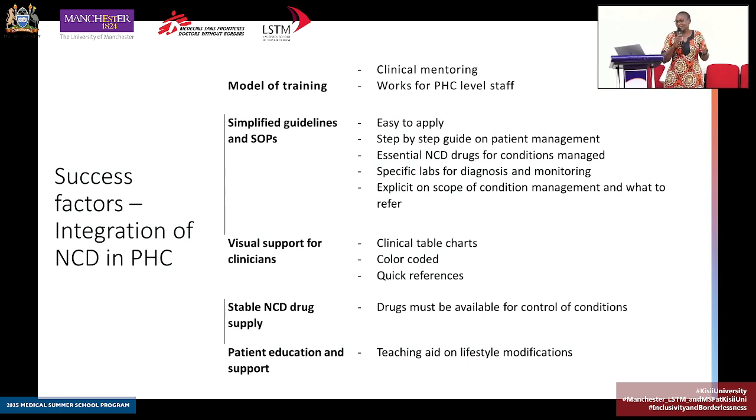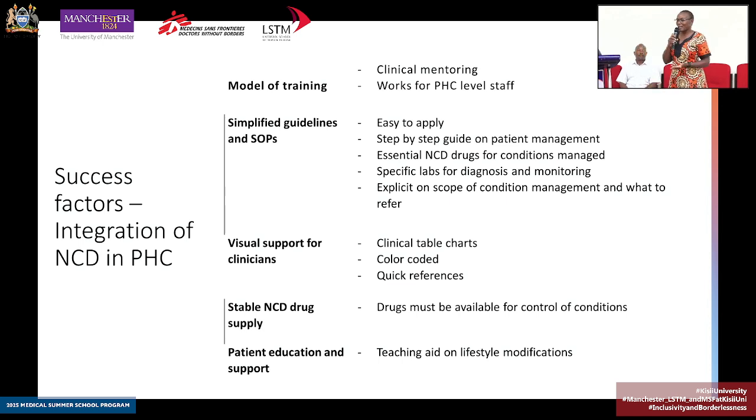Then the second success factor for MSF was the simplification of the guidelines. At the coordination level in Nairobi, we had an advocacy manager and the medical team that was helping us to present our findings and our experiences from Embu at the national level. So when they have the national meetings, the voice of the primary healthcare level was heard.